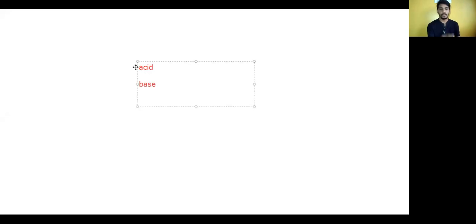Then we talked about the properties of acids and bases, which differentiate between them. Then we talked about the properties regarding reactions, the neutralization reaction, acid reactions, basic reactions, and at the end we talked about the oxides. This is how much we have covered in the first session.